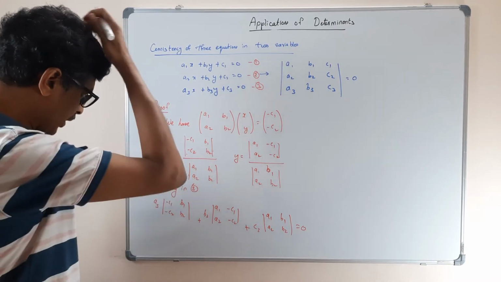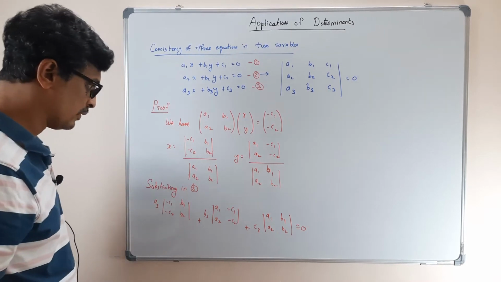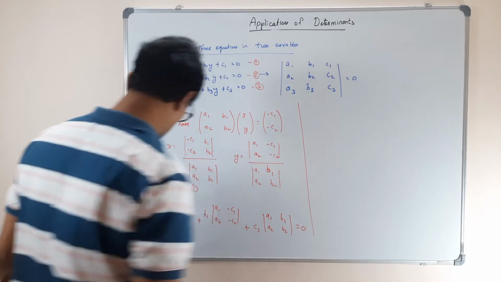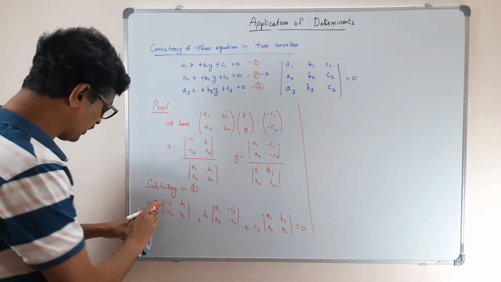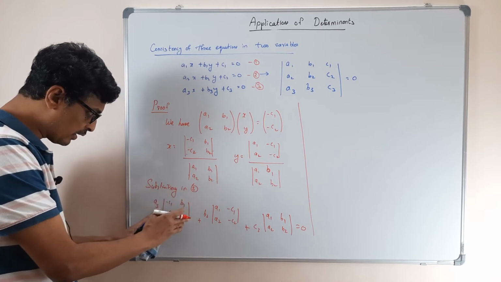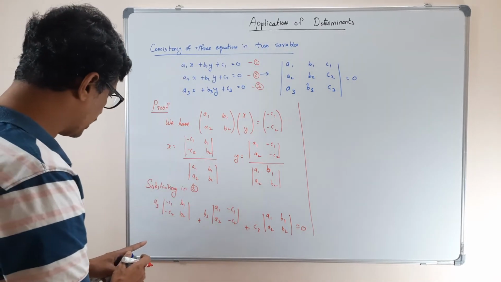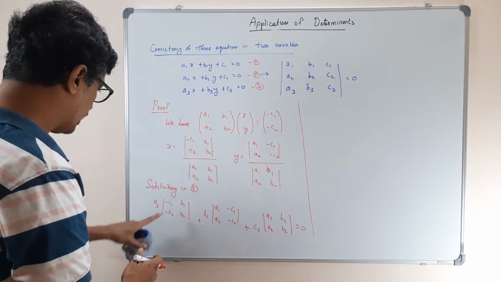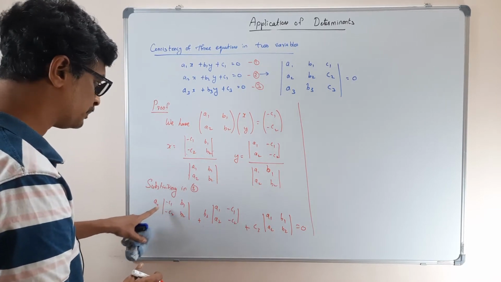And now you tell me what it is. This is nothing but, see, this is basically what happened, I guess I missed a sign somewhere else. Oh, yeah, this minus sign I can take outside, no?